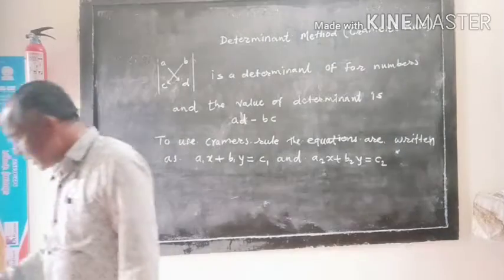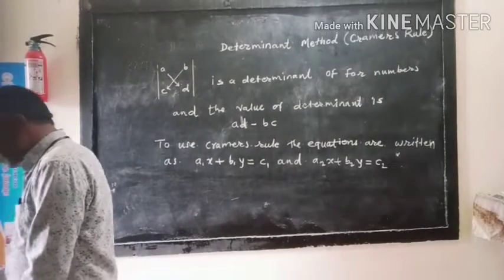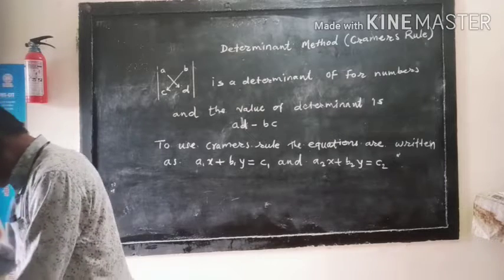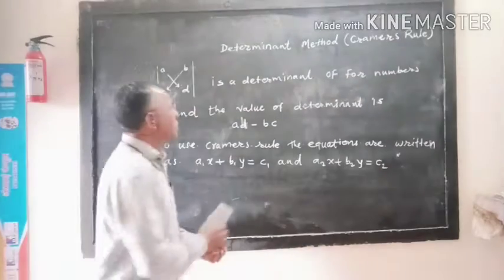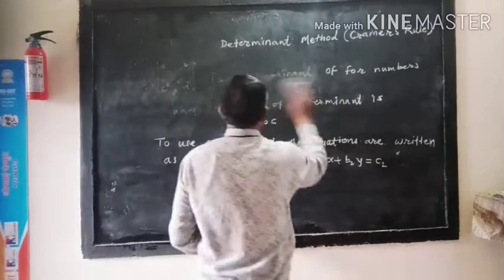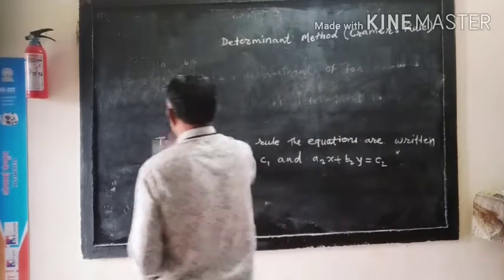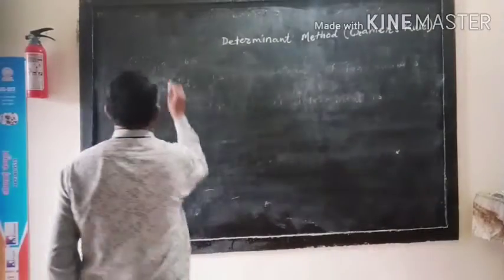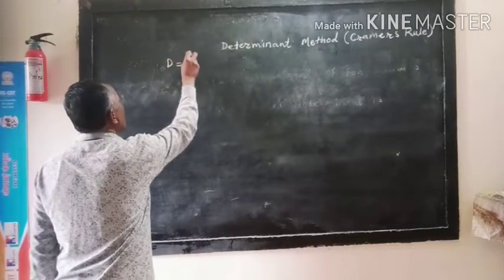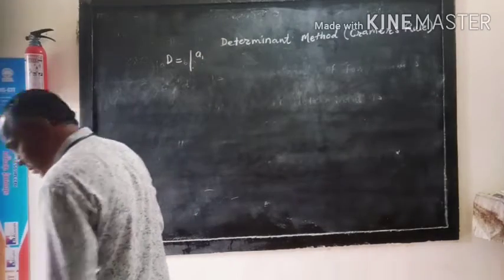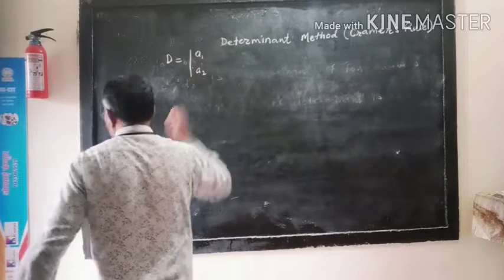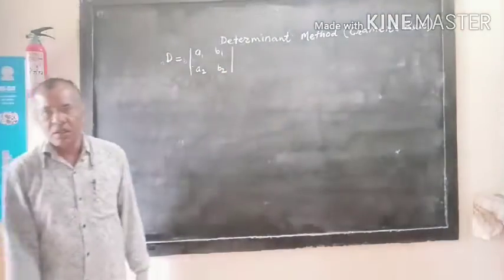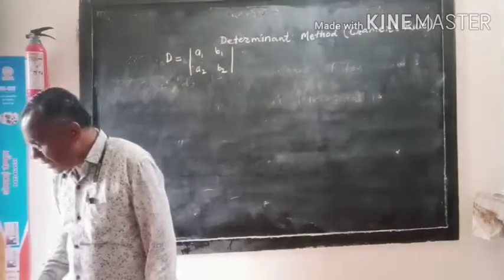Now we have to remember some terms for this Cramer's rule, and these terms are, let us denote D is equal to A1 A2 and here B1 B2. It is the value of D.